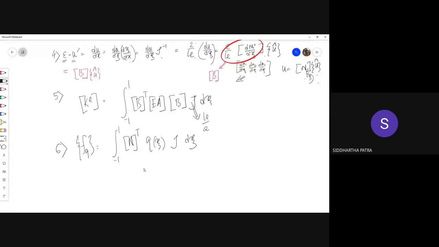So if you have the expression for B, try to get the expression for the element stiffness matrix.